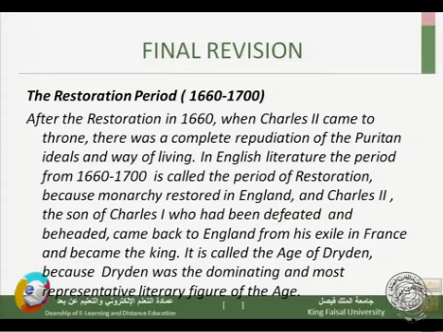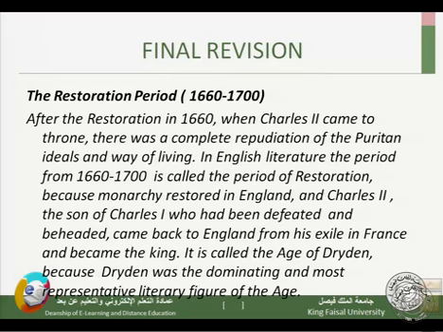In English literature, the period from 1660 to 1700 is called the period of Restoration, because monarchy was restored in England under Charles II, the son of Charles I, who had been defeated and beheaded. He came back to England from his exile in France and became the king.